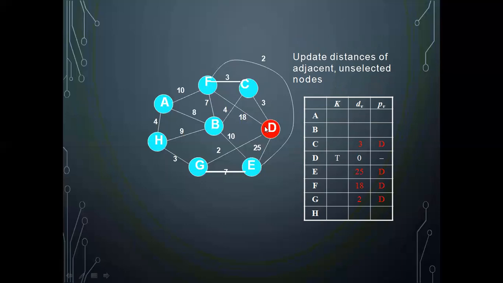So these are the edges I have. So DC, C is the one I am connecting from D. So D will act as the parent. So DC, D will be the parent. It is connecting to C with a distance 3.